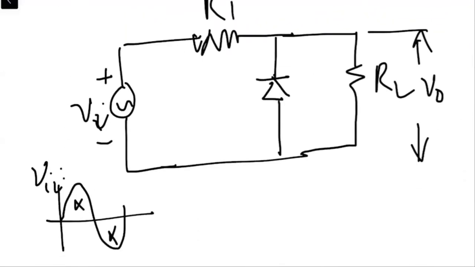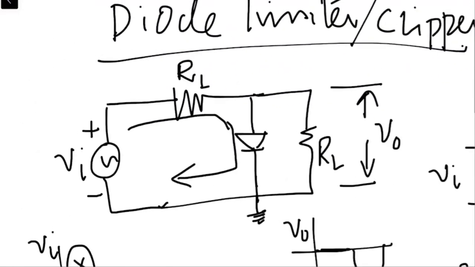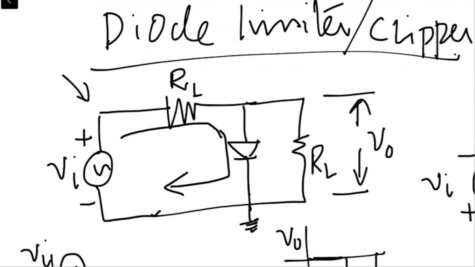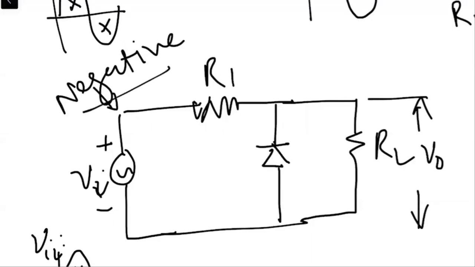So this one is the positive limiter circuit, because it is providing the limitation in the positive cycle. And the other one is the negative limiter circuit or negative clipper circuit, which clips the negative cycle of the input source.